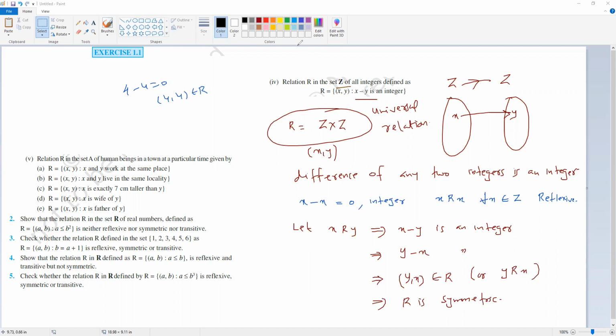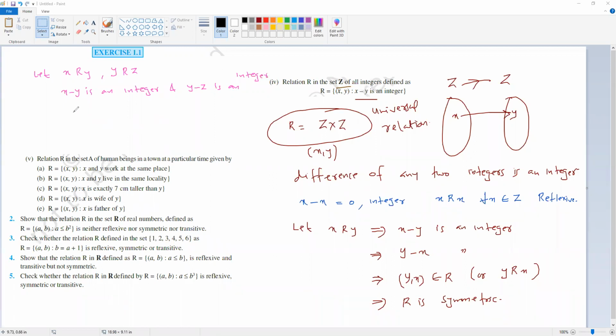अभी R ट्रांसिटिव है क्या? उसके लिए हम क्या करेंगे? We will assume let x is related to y is related to z. x is related to y मतलब x minus y is an integer and y related to z मतलब y minus z is an integer.